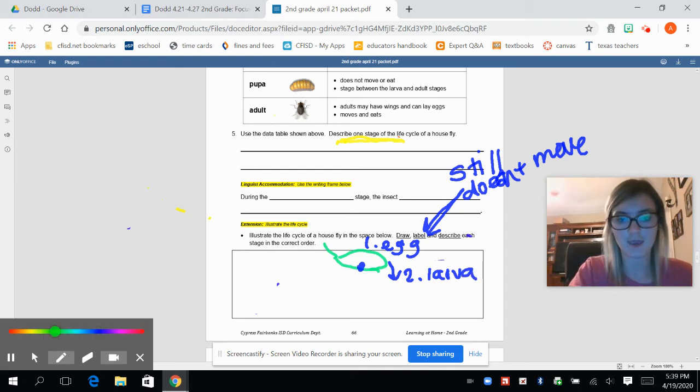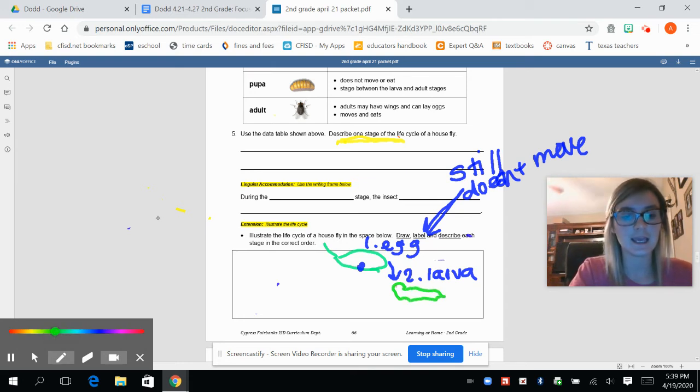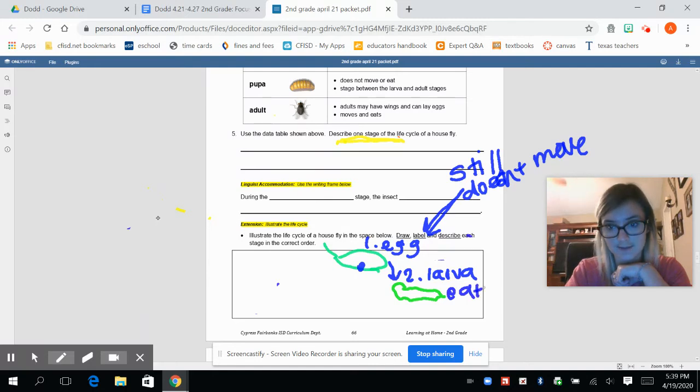Okay, and that was the bug we saw, the insect. And what did we say happens? The larva eats a lot. And the larva stores energy.